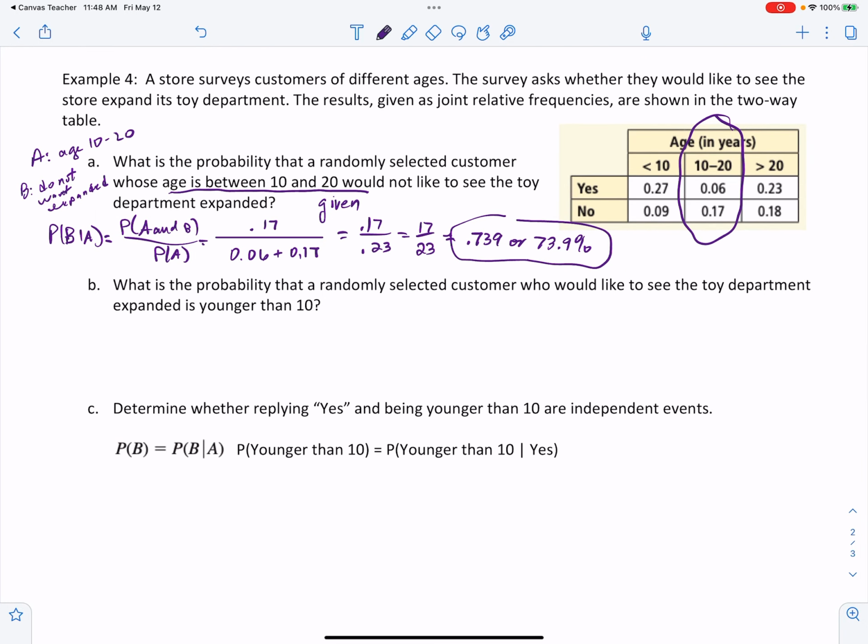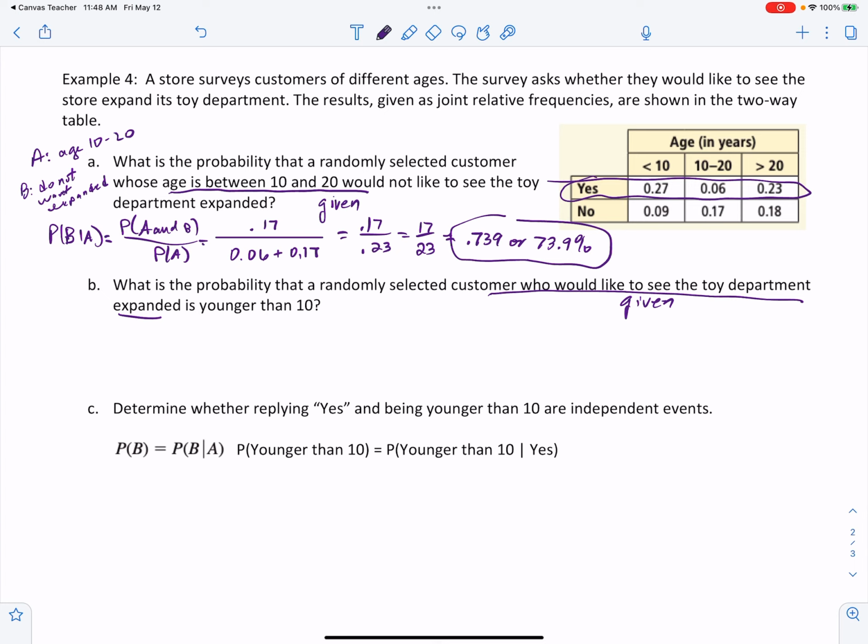Part B was the probability that a randomly selected customer who would like to see the toy department expanded is younger than 10. Well, now, who would like to see it expanded, this is my given. So we are no longer using the 10 to 20 column, we are using the row of yes, and we're ignoring everything else.